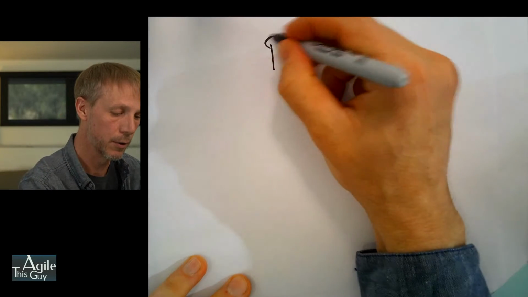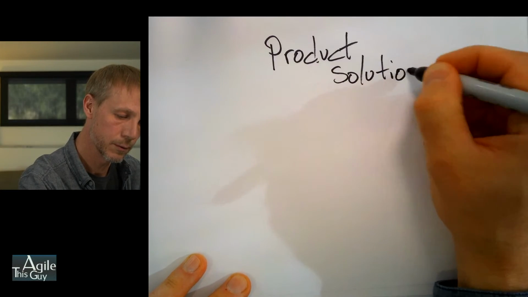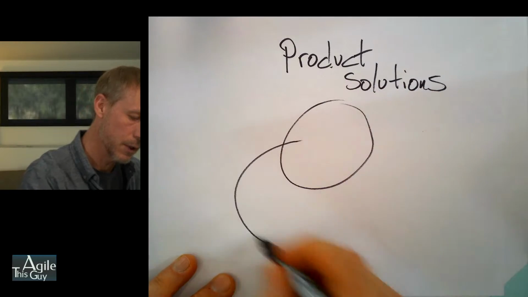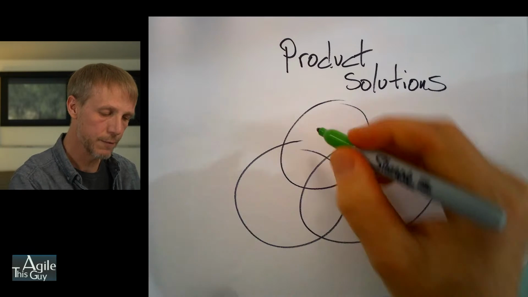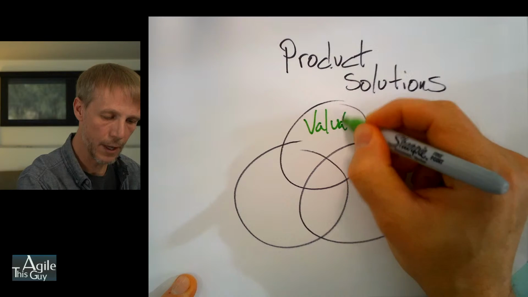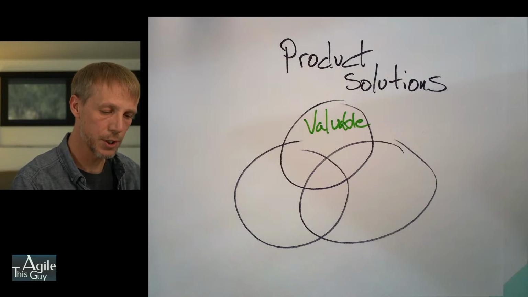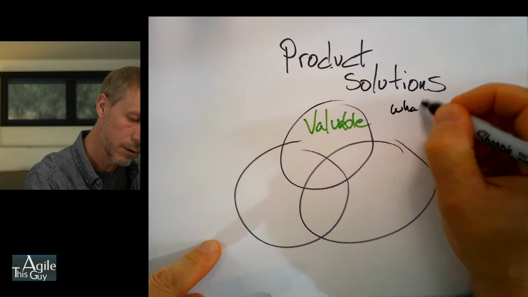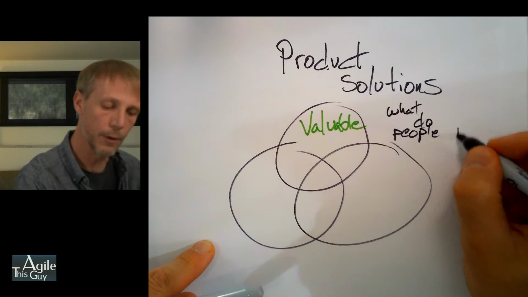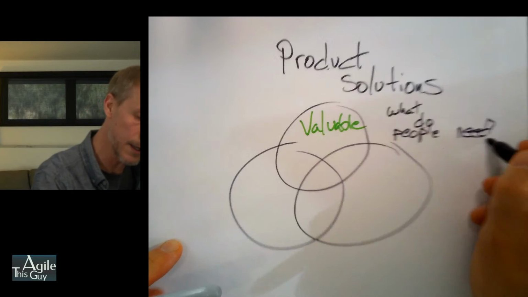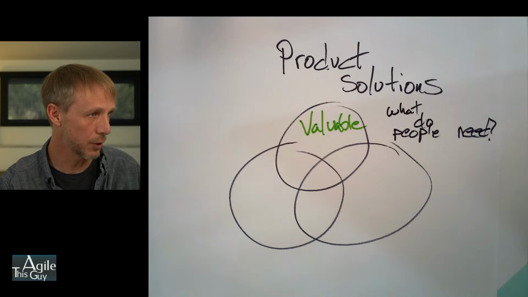He talks about product solutions having three main dimensions. First and foremost, we're looking at if it's valuable. Here, answering the question of what do people need? Not what do they ask for, but what's behind that ask and where is the value for them? What's their pain point? Where are they struggling?